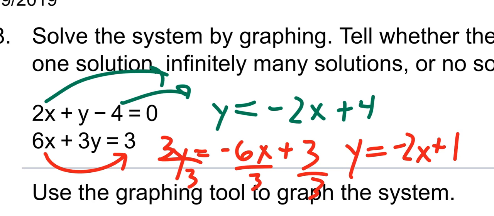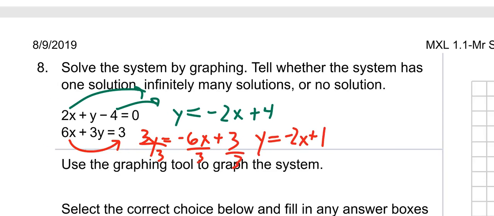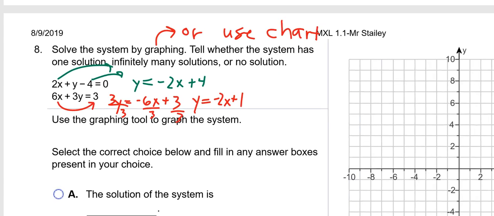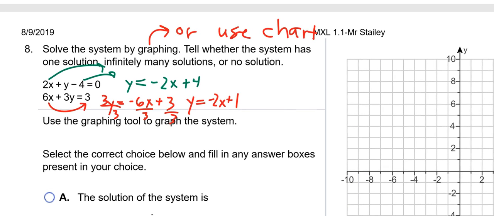1. Okay, answer the question that they asked you. Answer the question they asked you. I guess I could say, or use chart. And by chart, I'm referring to what we talked about a few minutes ago with the independent, inconsistent, dependent stuff. So I would let you go either way on this particular question. Some of you will find it easier to use the chart. Some of you will find it easier to graph it.